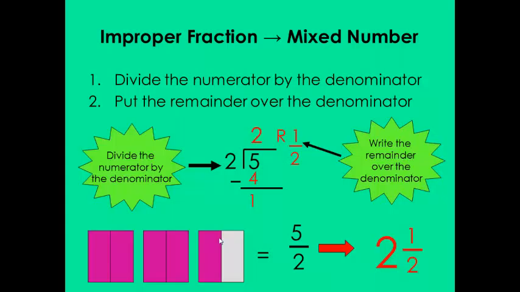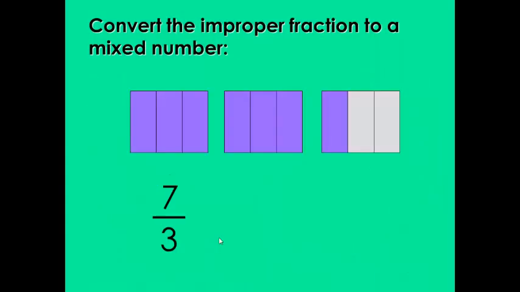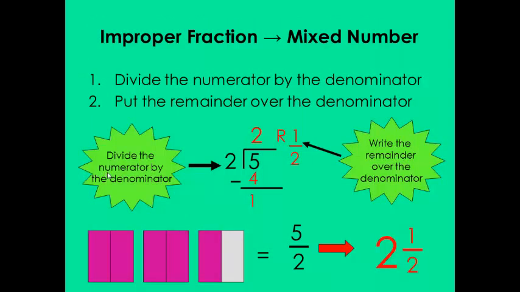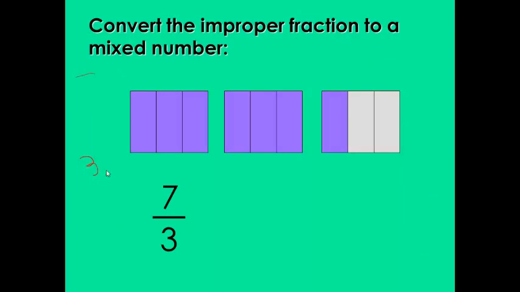We'll do another example. We are going to convert 7/3 into a mixed number. So first we have to do 3 goes into 7. So we know 3 goes into 7 2 times. 2 times 3 is 6. 7 minus 6 is 1.